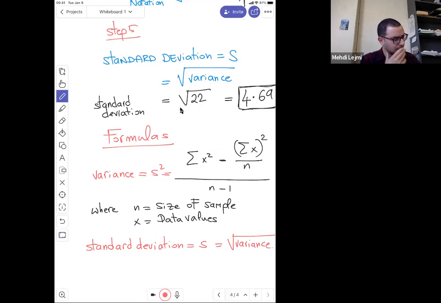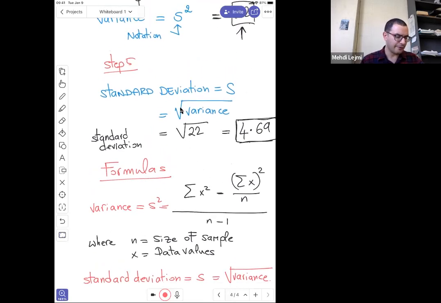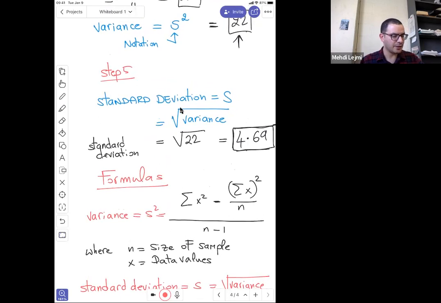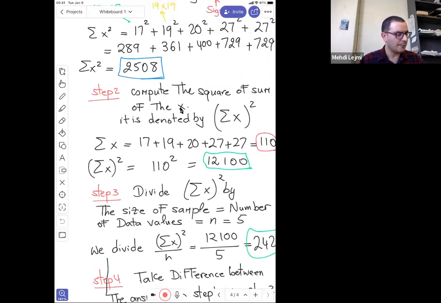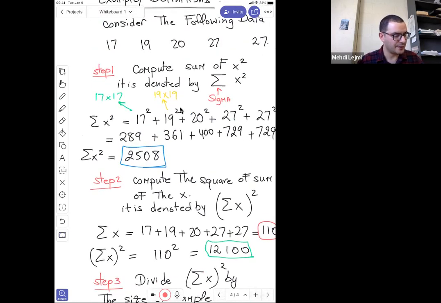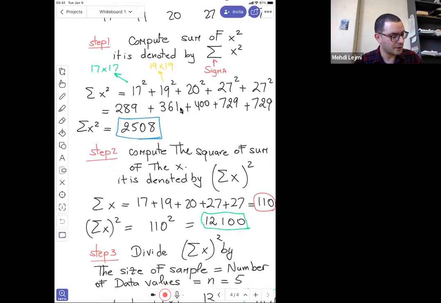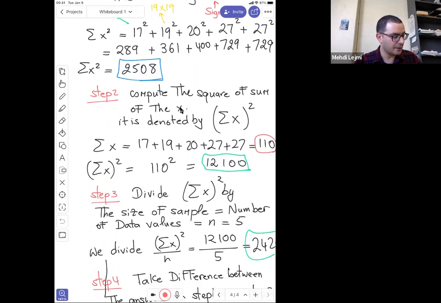Okay. So again, guys, I know the formula seems kind of complicated, but all you have to do is follow those steps. First, take the squares of the data values and then take the sum. Then step 2, the square of the sum.